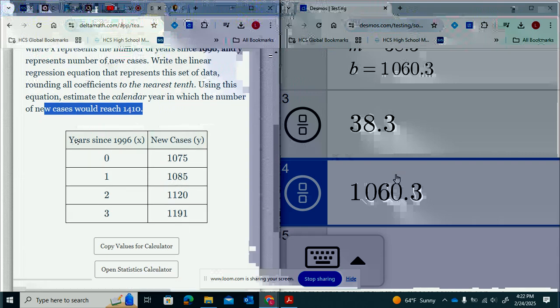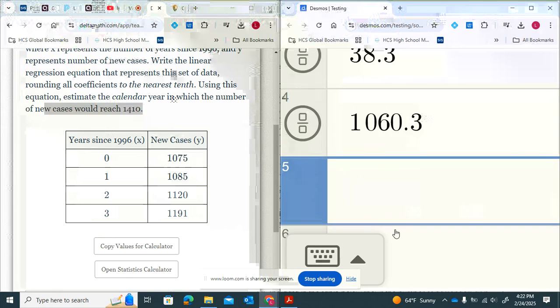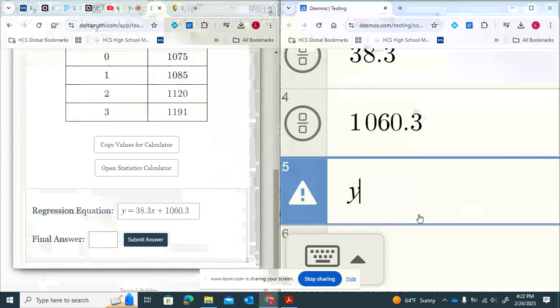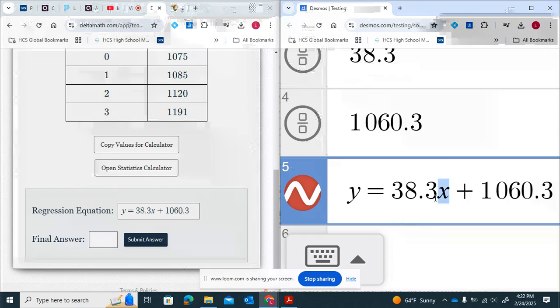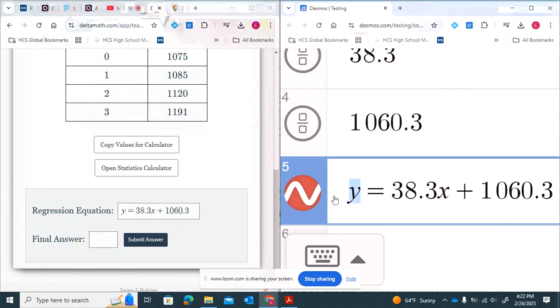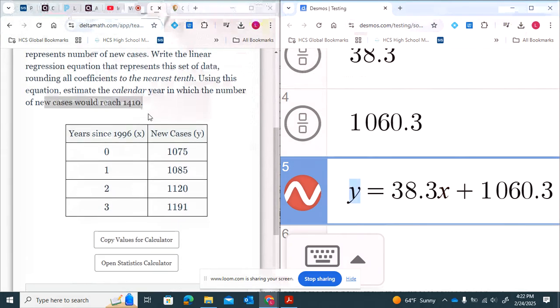So this is much different because your equation is y equals 38.3x plus 1060.3. And usually all we have to do is plug in x. But this time it's saying find x when y is 1,410. So now we plug in 1,410, not for x, but for y.